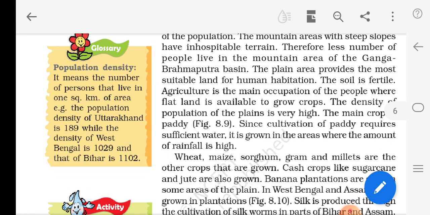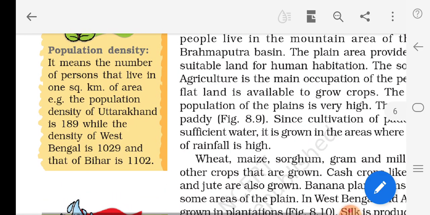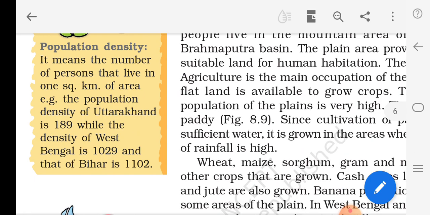Now let's see what is population density. It means the number of persons that live in 1 square kilometer of area. Look at this. In Uttarakhand, the population density is only 189.